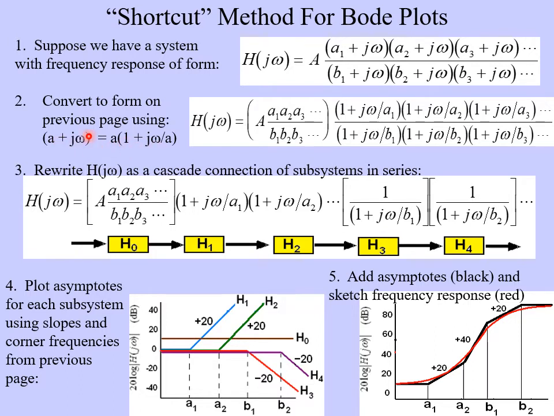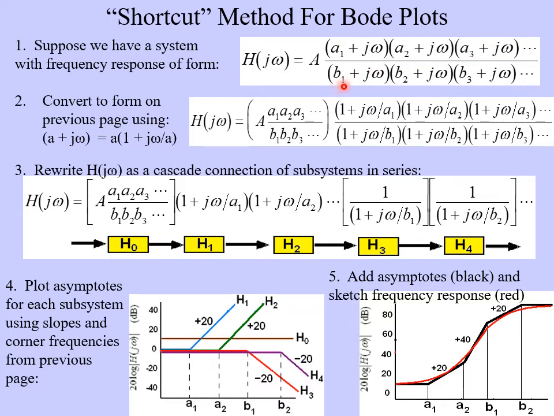So with this first term, we have A1 plus j omega. Let's pull out the number A1 in front, which leaves us with 1 plus j omega over A1. The second term, A2 plus j omega, let's pull out the A2, and we have 1 plus j omega over A2. And we can continue this for as many terms as there are up here.